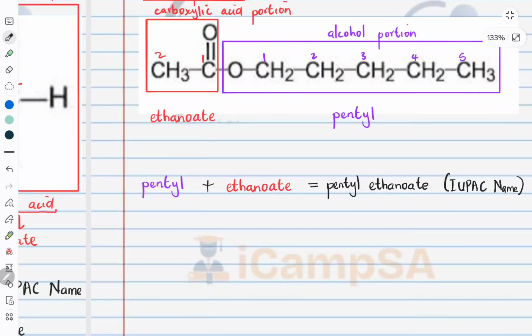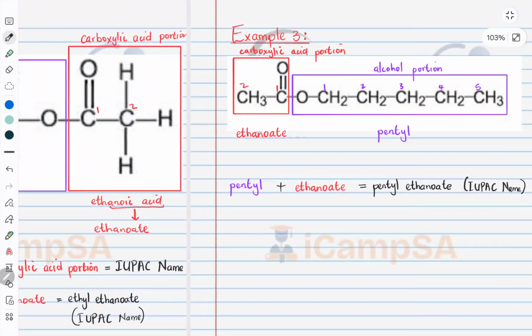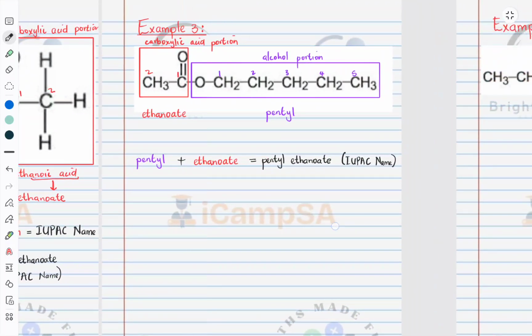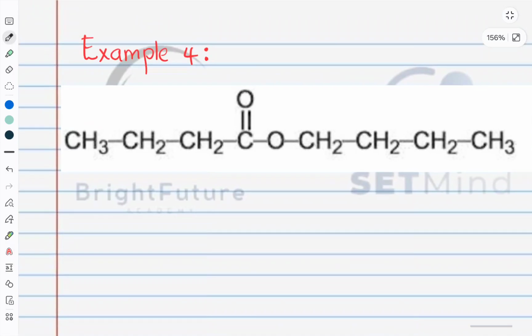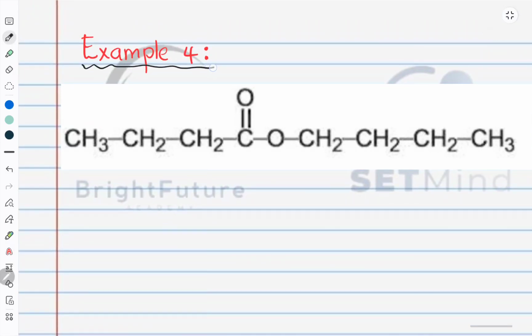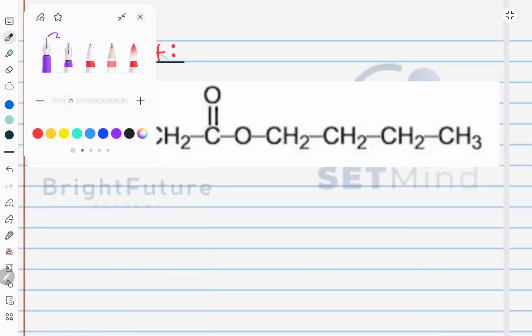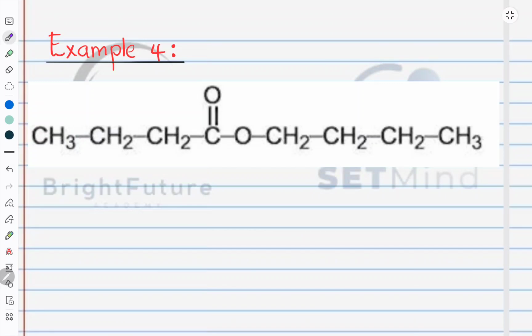All right, so that's how you would do this. Now let's go to another example. Example 4. All right, so in this example, we do the same thing again. We find our alcohol portion. Of course, you can always start with the carboxylic acid portion.